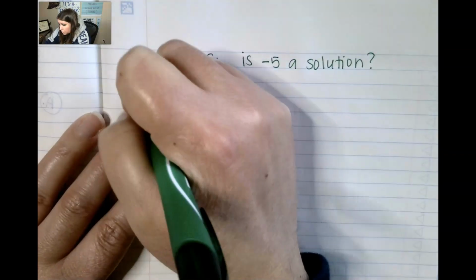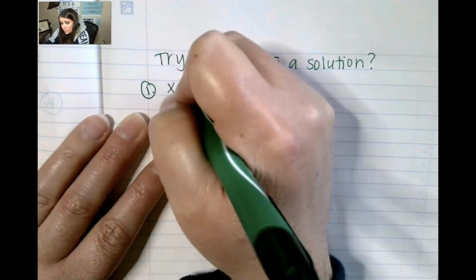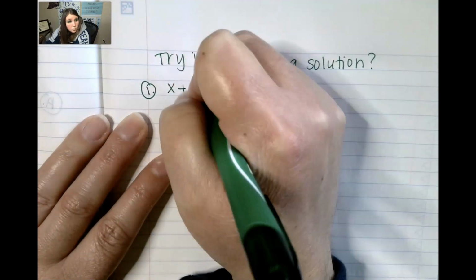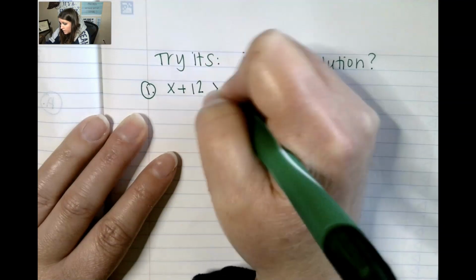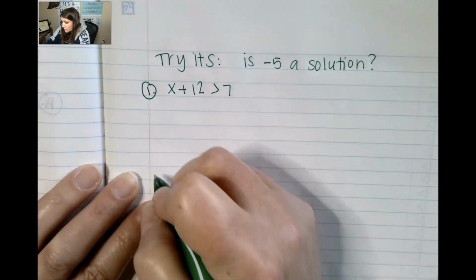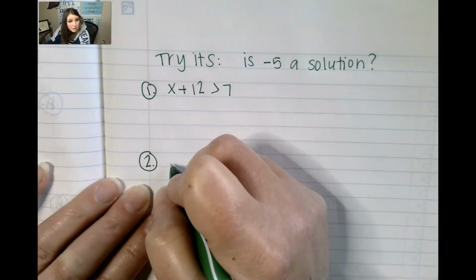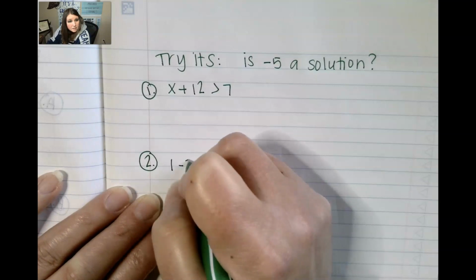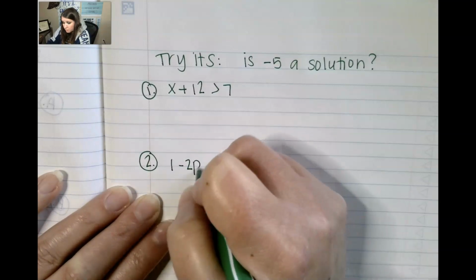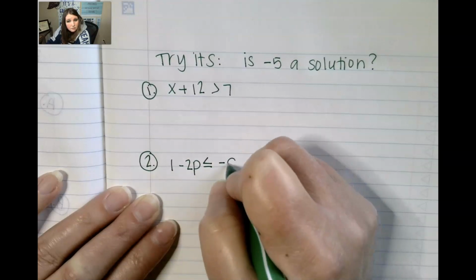So try-it number 1 says x plus 12 is greater than 7. So go ahead and try that one. Try-it number 2, they are asking if 1 minus 2p is less than or equal to negative 9.